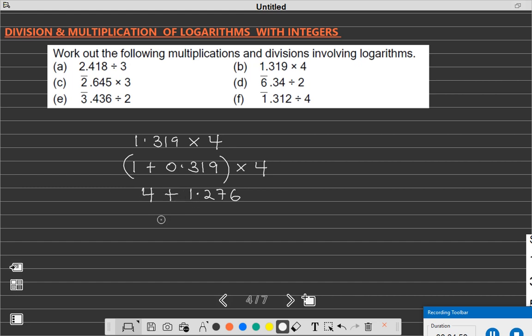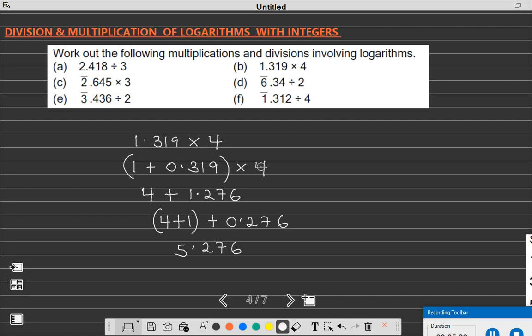So the final answer will be, we add this characteristic 4 plus 1, then plus 0.276, we get 5.276. I think you have seen how we have done it. We have separated the characteristic from the mantissa.